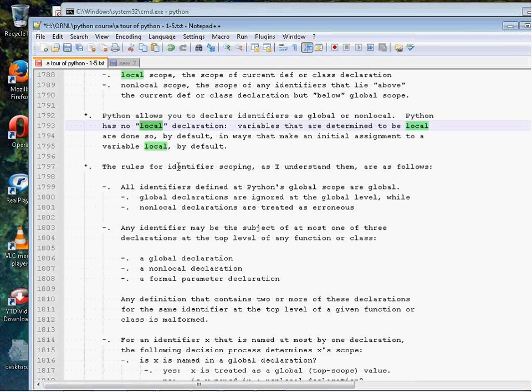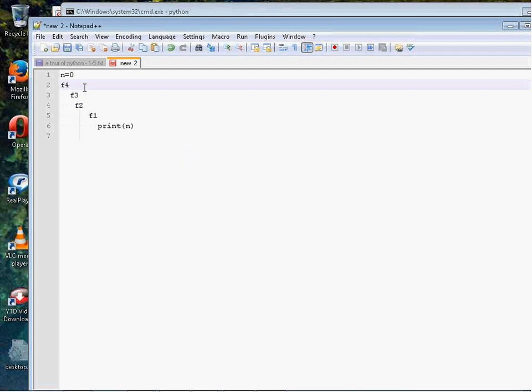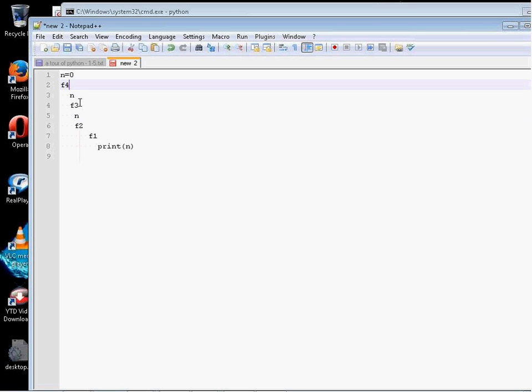The idea of variable shadowing is classic. It's the sort of rule that I used to see in languages called ALGOL. I think that some other languages allow you to say specifically F4.n. Python doesn't allow you to do that.